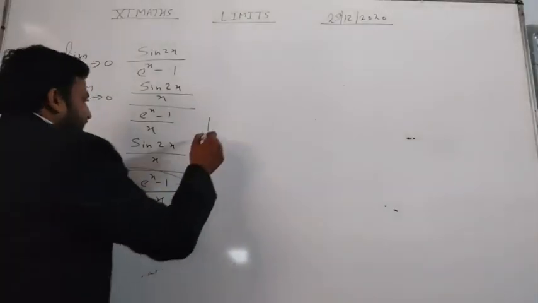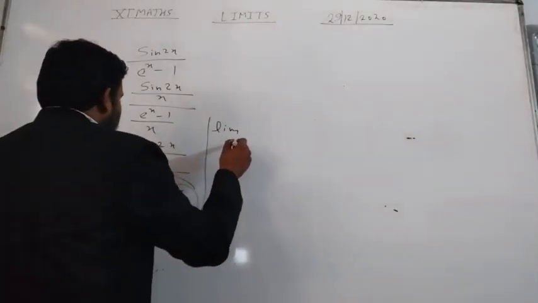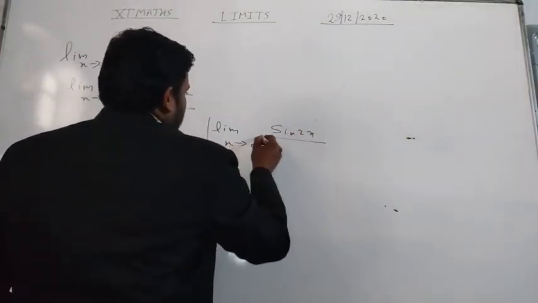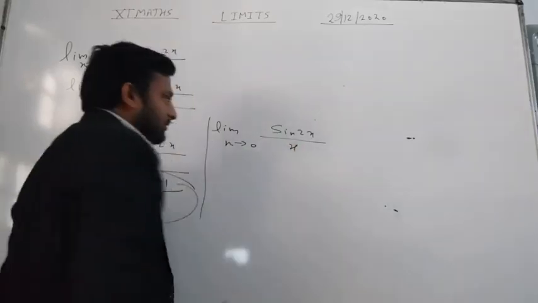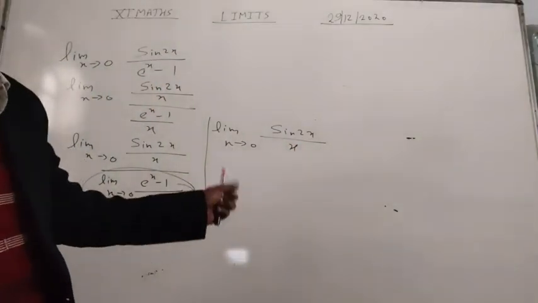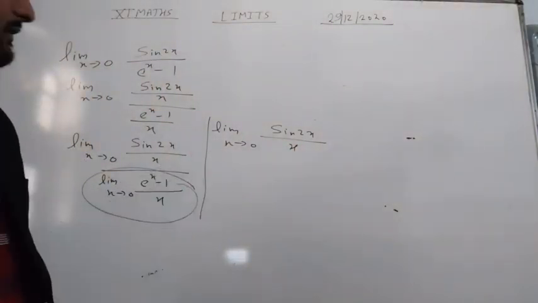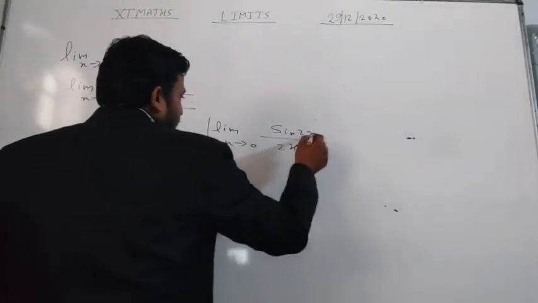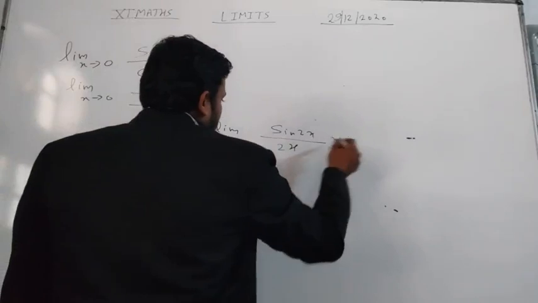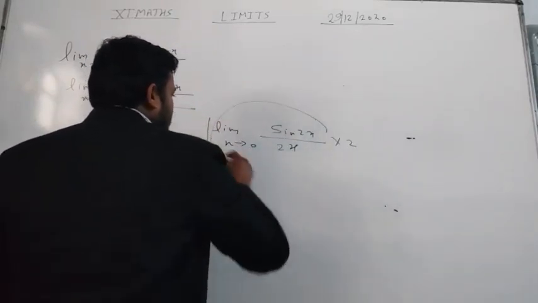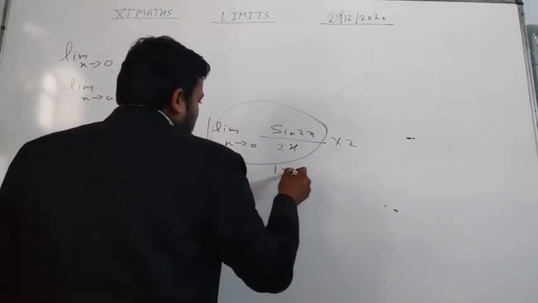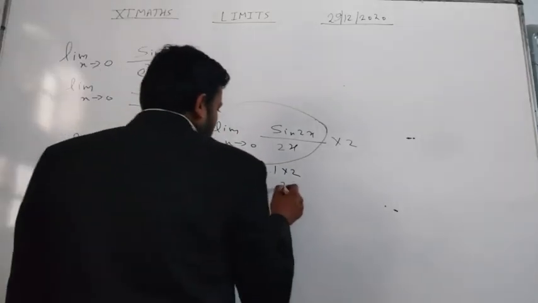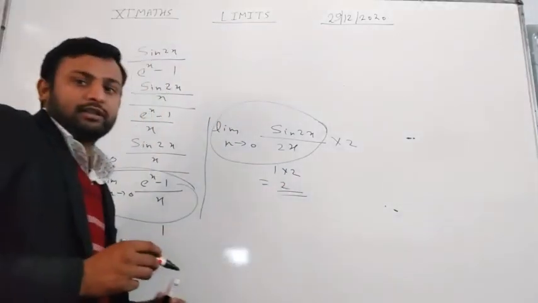We write limit x tends to 0, this is sine 2x by x. So for making the formula, what we will do is we will multiply and divide with 2. So student, this part is equal to 1 into 2 and this part is 1. So we are getting our result which is 2.